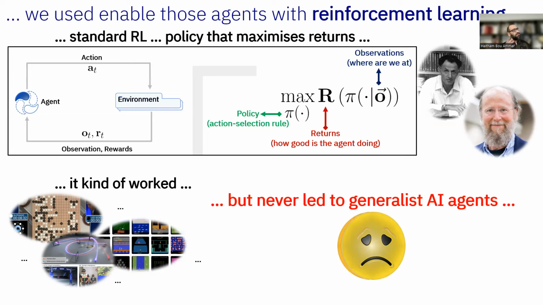So it really didn't give us the generalist AI agents we dreamed of. So the question is why? What has been missing? Or at least, could we take steps to remedy some of these missing components to get closer to a generalist AI agent?